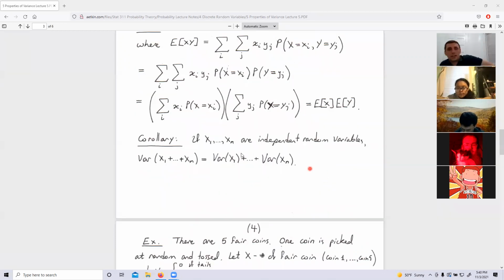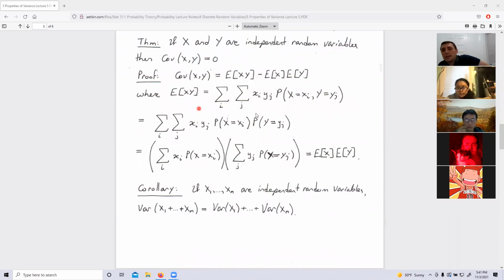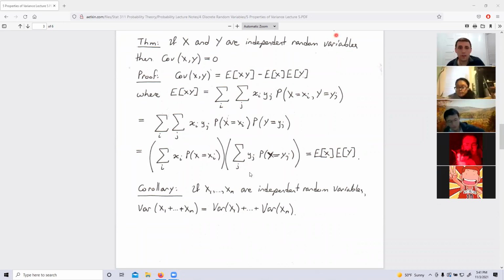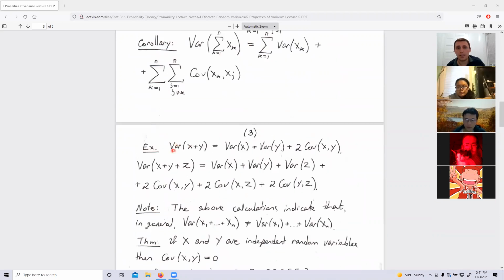And notice that when x and y are independent, covariance of x with y is equal to 0, and variance of x plus y is the variance of x plus variance of y. You agree? You see what we have here, because we can simplify.